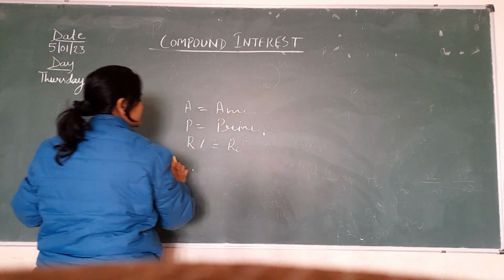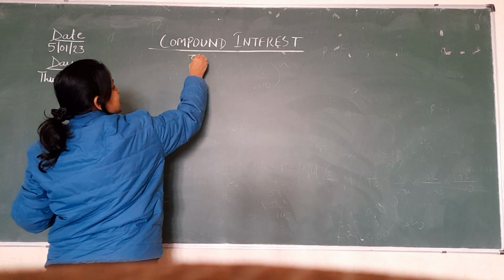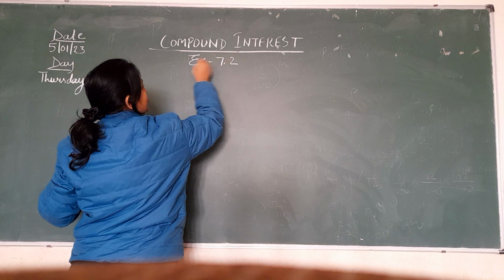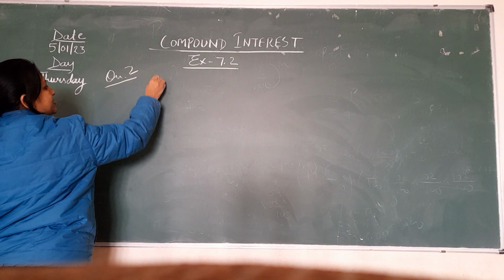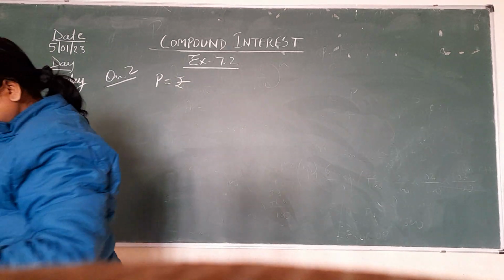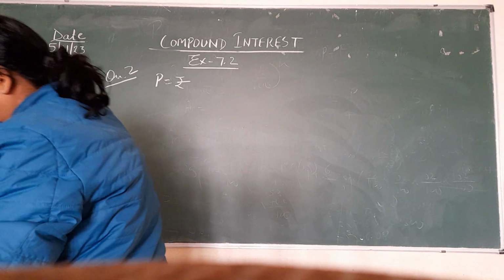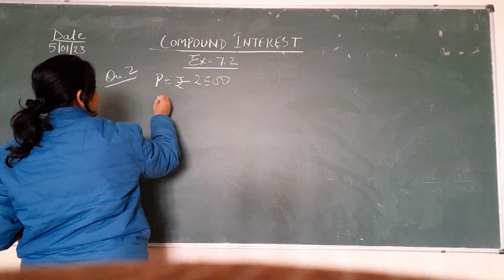Okay, so all of you note down these two questions in your notebook also. Exercise 7.2, question number 2. Principal is equal to rupees 2500.